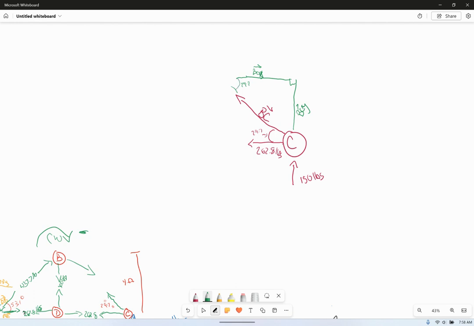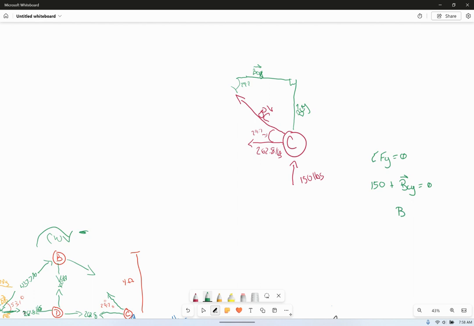So what we're trying to solve for is my BCY. I know that because we're statically determinate, the sum of our forces in the Y direction has to equal 0. So if I have 150 pounds, which is right here, plus my BC in the Y direction, it has to equal 0.